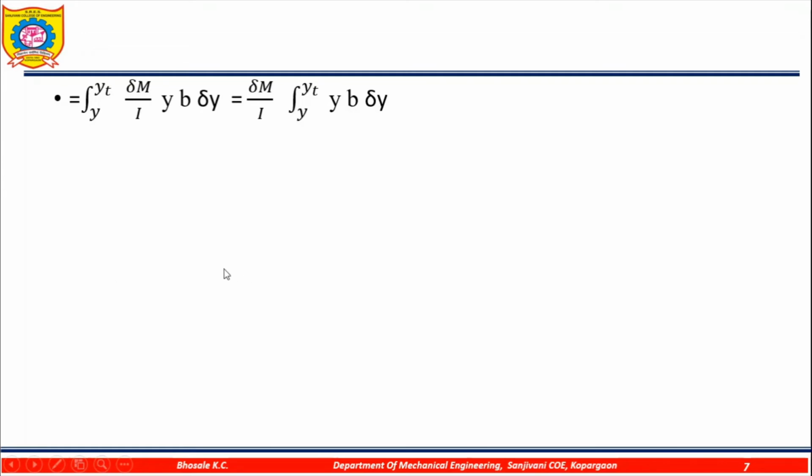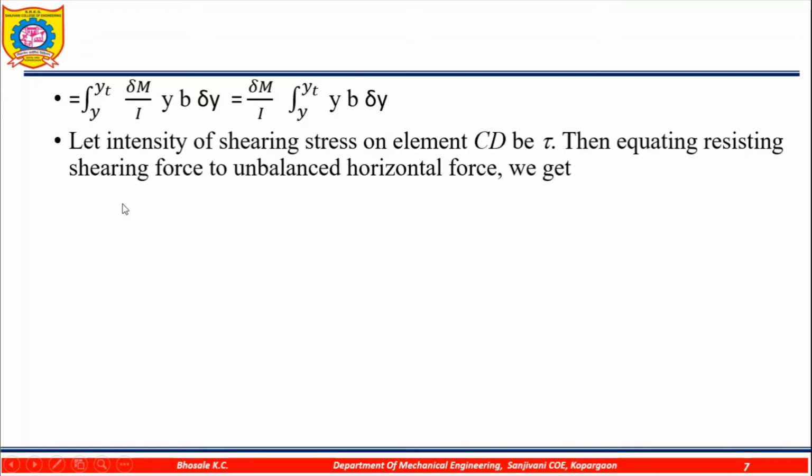So we have to take the integration of that, from y to y_t, of delta M upon I into y into b into dy. That will be equal to delta M upon I, integrating y to y_t of y b dy. Let the intensity of the shearing stress on the element CD be tau.